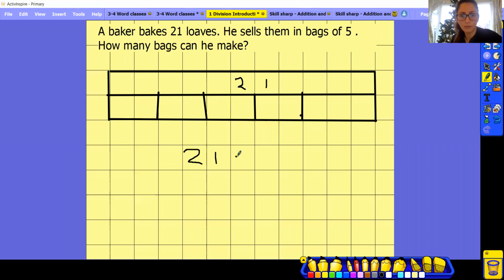We've got 21 divided by 5. So let's see how many 5s go into 21. So 5, 10, 15, 20. I can't go to 25 because that's more than 21. So we know we can go into it equally 4 times.